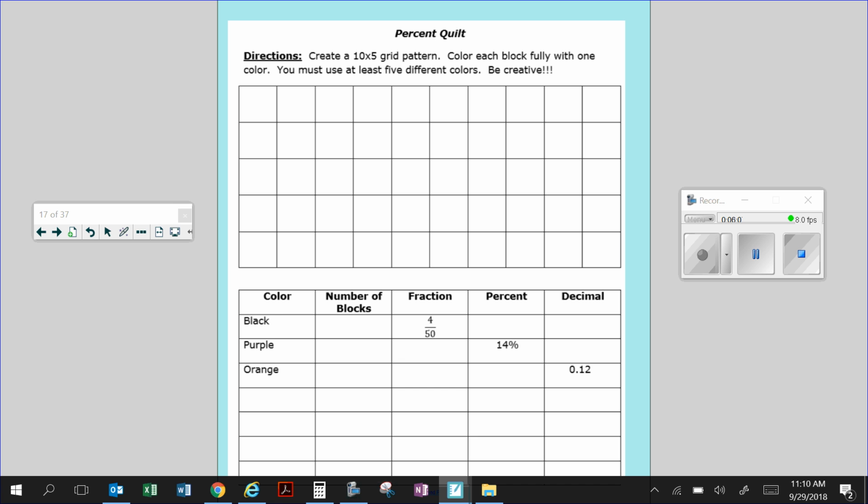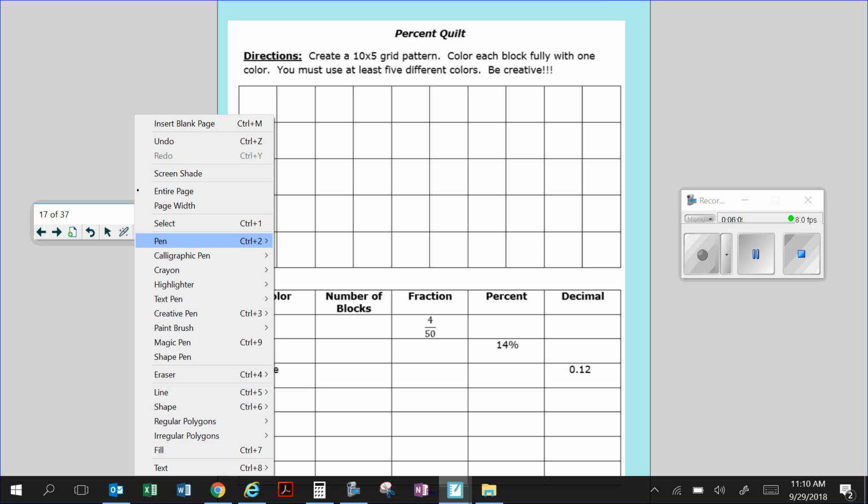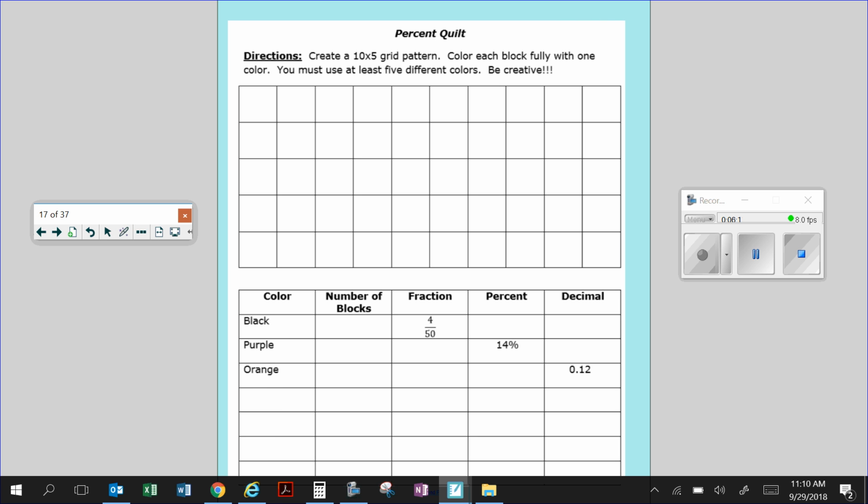For example, pretending I shaded in, let me use the black marker, there are 50 tiles here, and I shaded in 4 tiles. What percent did I shade in? Well, how do you build to 100? The relationship is times 2, so it would be 8 hundredths, or 8%.